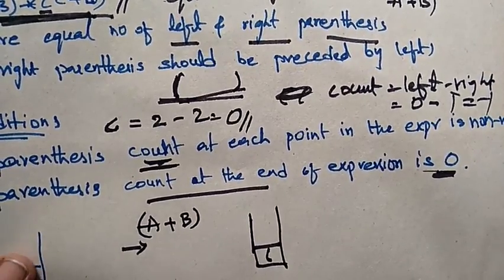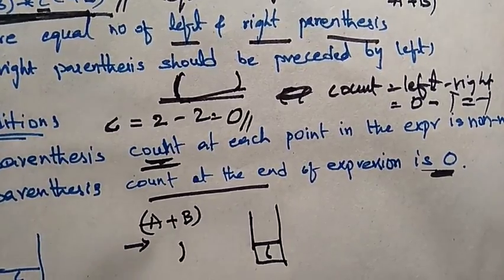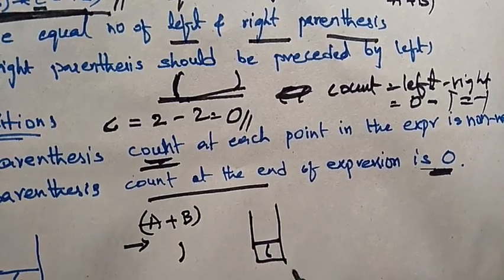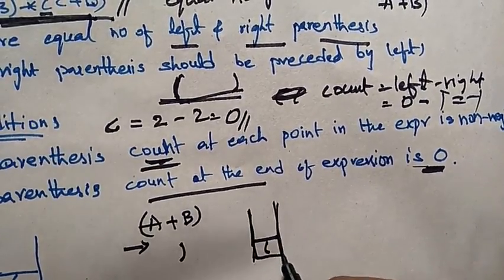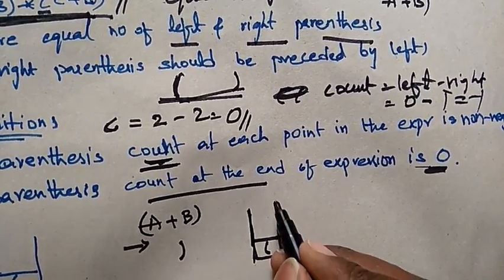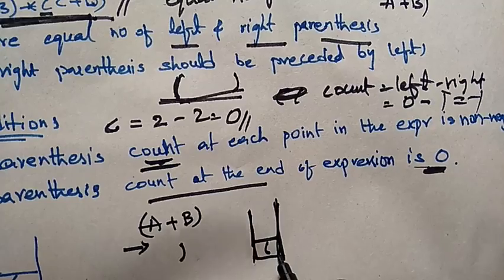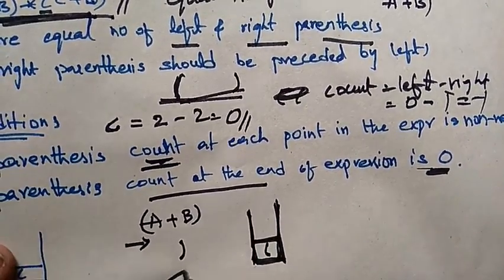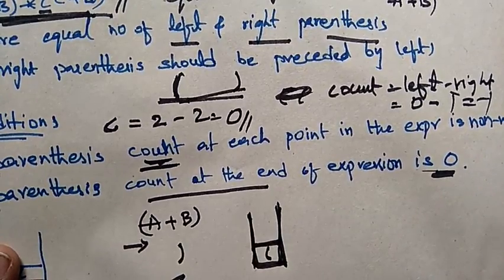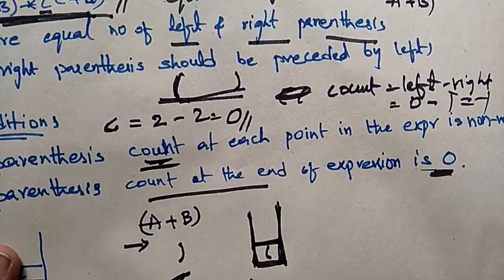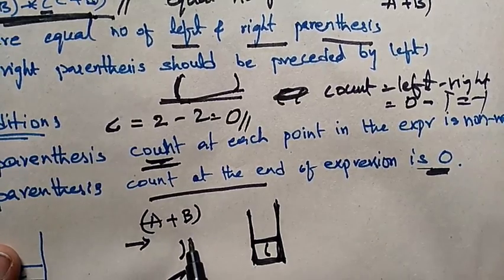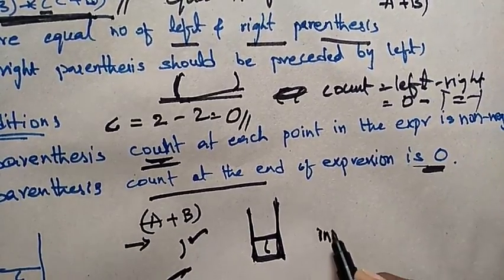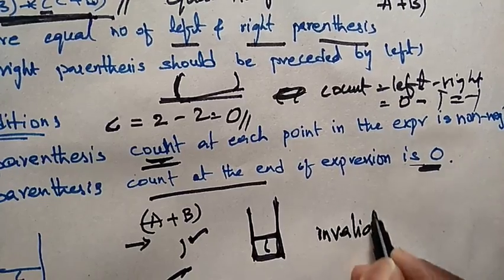But when I find a closed parenthesis, a right parenthesis, I will be examining the stack. Say suppose in our stack I have inserted a left parenthesis. Now I will be examining this stack. If I am having a left parenthesis within this, then your expression is valid. If I am not having any left parenthesis even after finding your right parenthesis, then your expression is not valid, an invalid expression I can say.